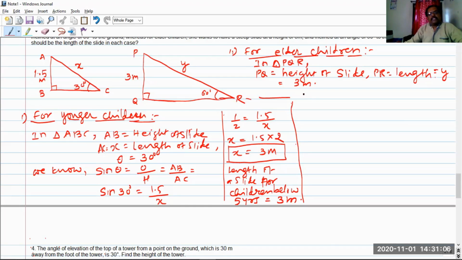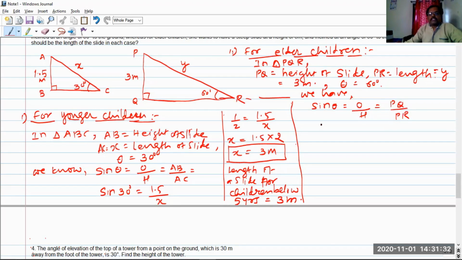Since the opposite side is known, the hypotenuse we need to find. Along with that, you are also given the angle of inclination, the angle of elevation, as 60 degrees. So again using the definition of sine theta, which is opposite upon hypotenuse, for this triangle it is PQ upon PR.